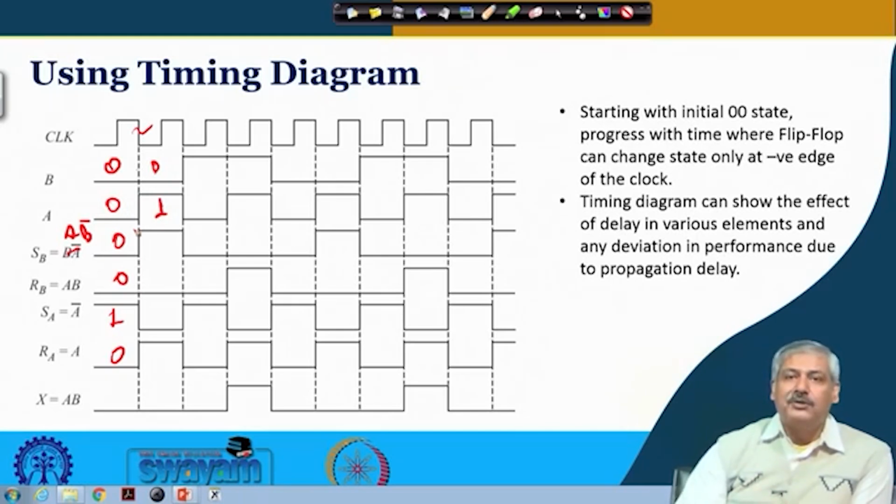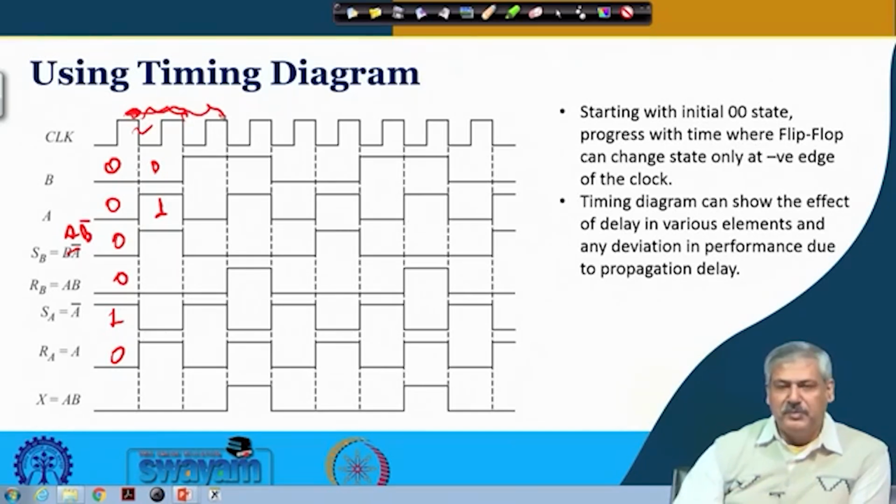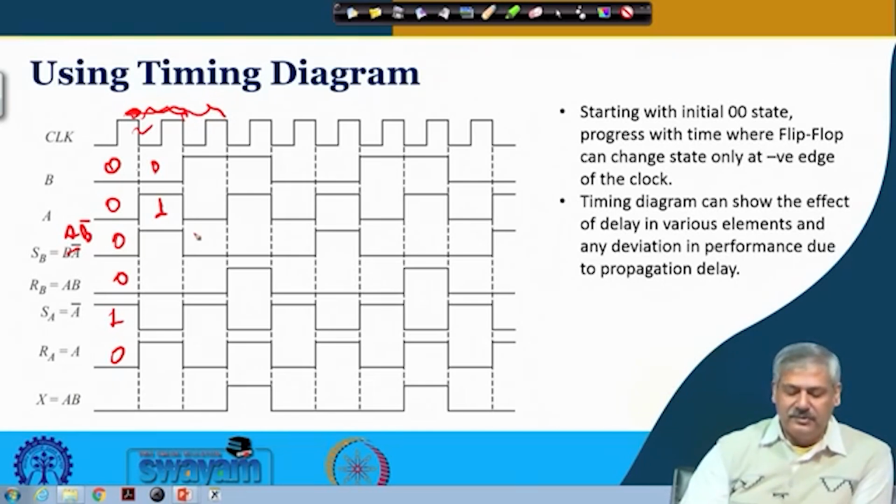Now, here what I was telling is that we can show the delay if it is appreciable, which other representations cannot show. If the flip-flop delay is comparable to the clock period, from here to here is 1 clock period, from here to here is 1 clock period, then we can show the delay. Here A is changing, we can show it like this, with a proportionate delay, that it has become 1, but after some time.